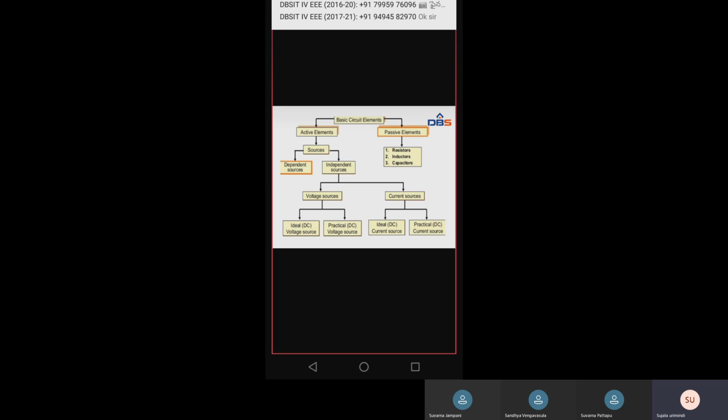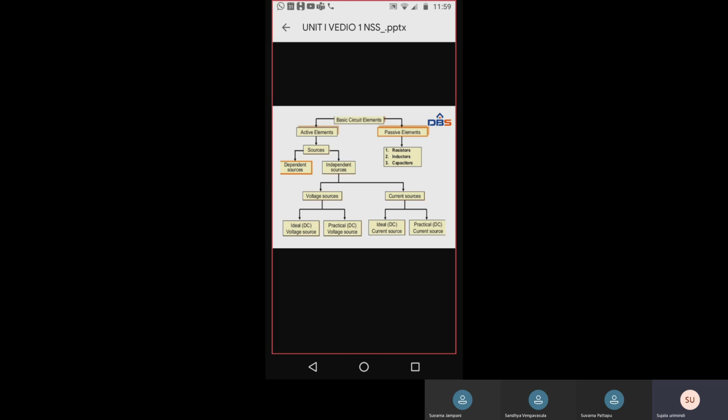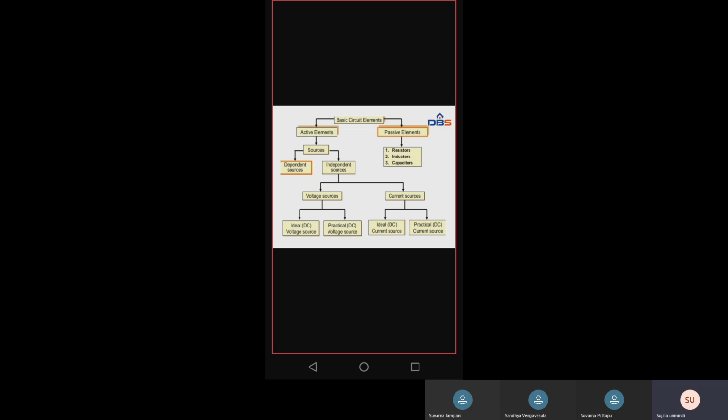When you take the practical voltage source, ideally I neglect the resistance, but from the practical point of view there is no chance of neglecting that resistance. So there is a voltage drop.